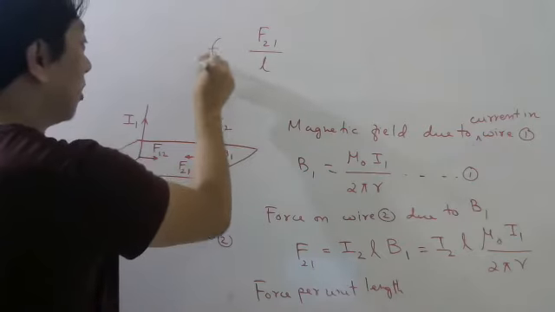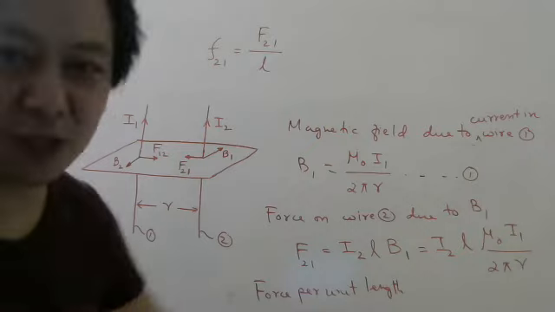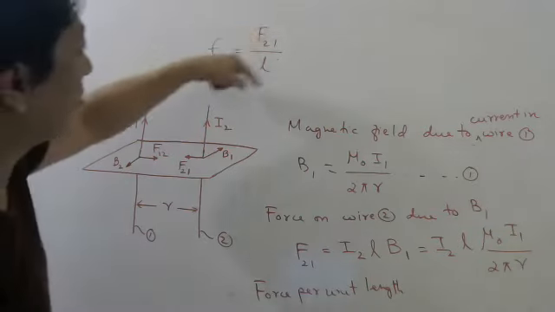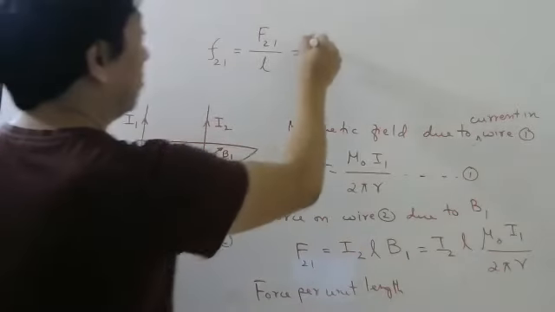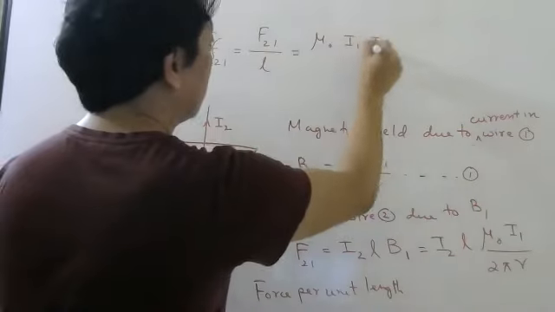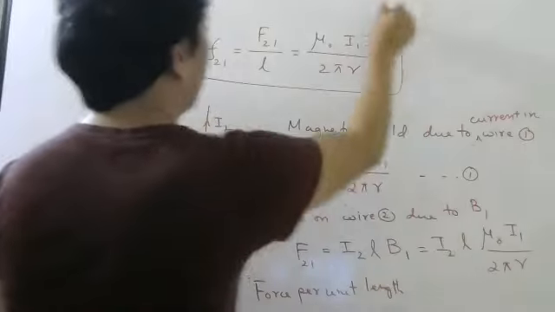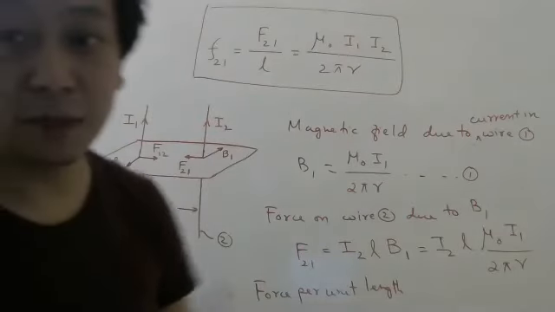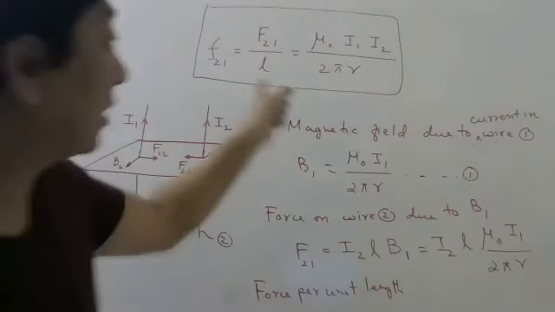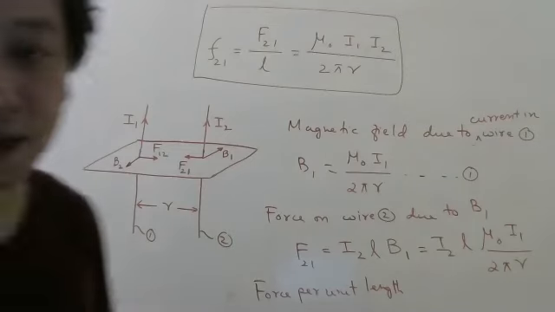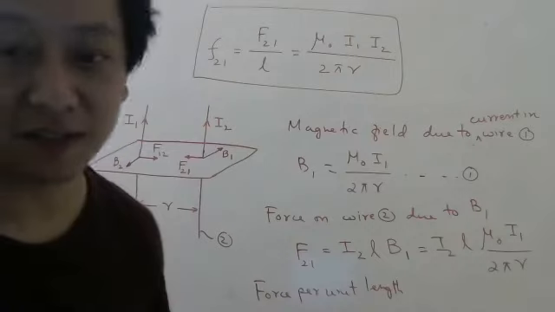Let me call this small f21. Small f I am using for force per unit length. If I divide this by length, mu naught I1 I2 divided by 2 pi R. So this is the formula for magnitude of the force between the two wires. Of course, it is force per unit length. If you multiply with length, you will get force between two wires whose length is L. Of course, the length should be large in order to apply these formulas.